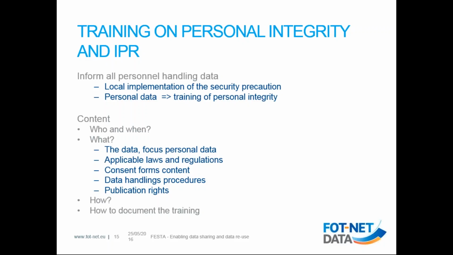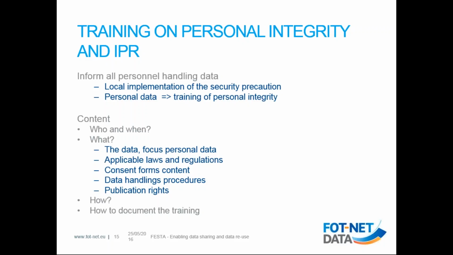So we have put up recommendations that when you set up a training, the content should be on these 4 different levels. And of course you have to identify who should get the training and when, and maybe more importantly, what should be included in the training. You have to explain what kind of data, and especially focus on the personal data.